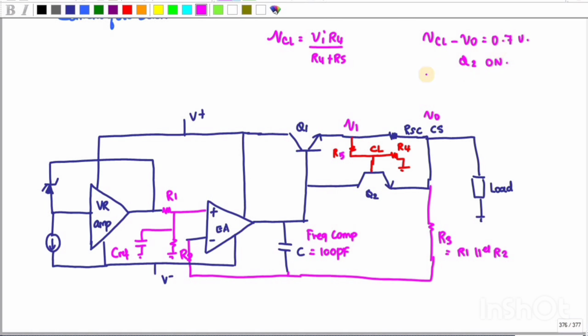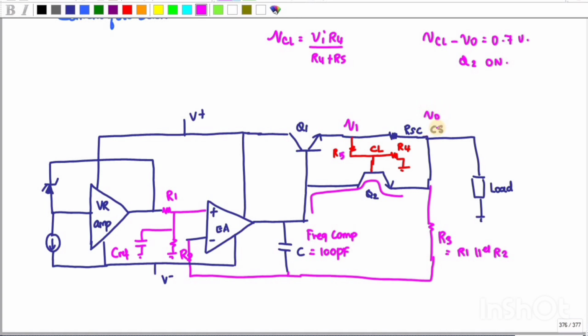If Q2 is on, the current, instead of flowing through this path, will start to flow in this path, which will reduce my voltage at V1, right? If it reduces the voltage at V1, because there is no current flowing through this, it will not turn on my Q1 transistor, and really my V0 voltage tends to reduce, right?